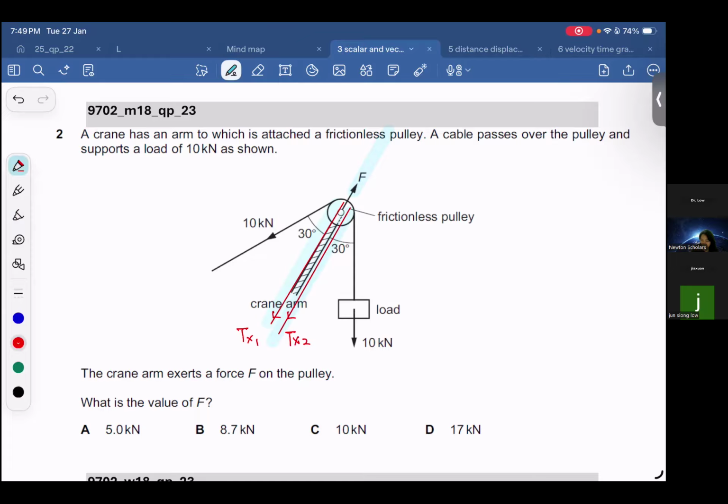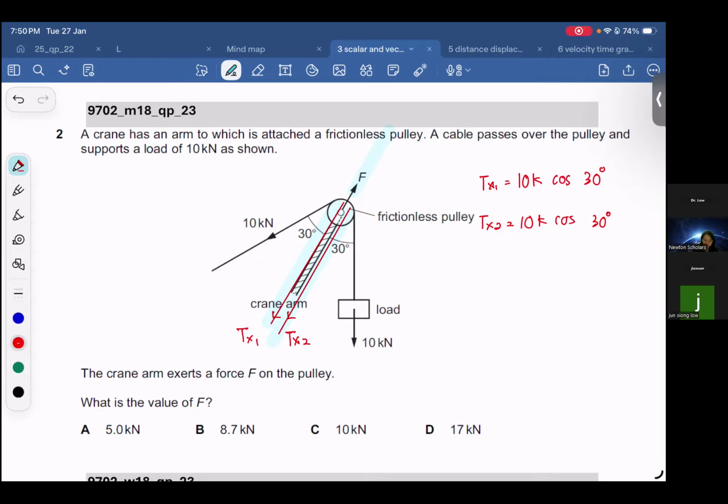So Tx1 is 10 kilonewton, 30 degrees. Sine or cos? Okay, Tx2, 10 kilonewton, 30 degrees. Sine or cos? What do you think, Jiashen and Junxiong? We should use cos or sine? If the angle is between them, cos, correct. So using cos here, cos here.